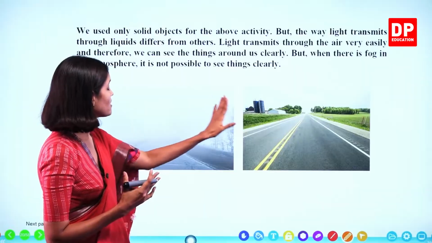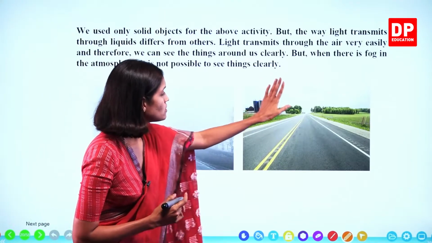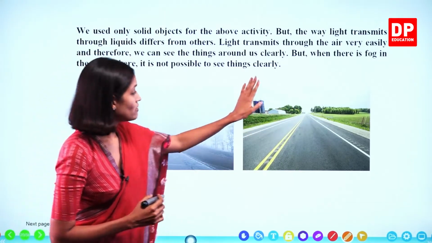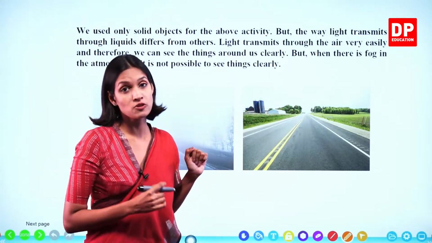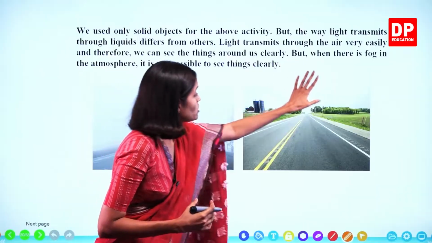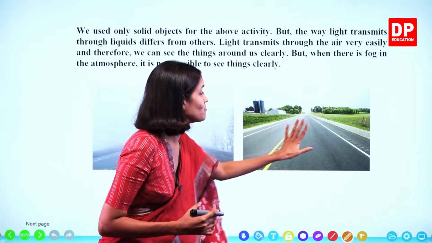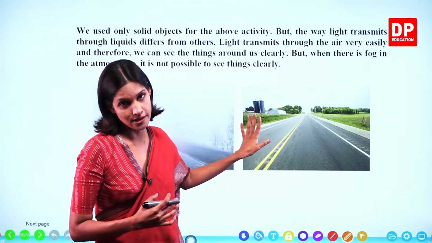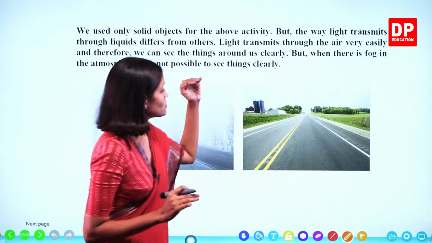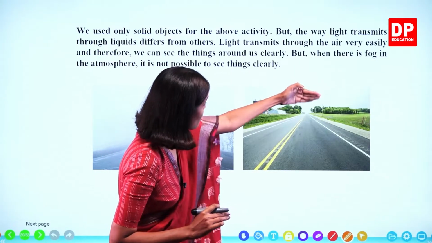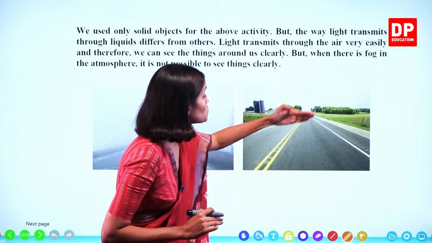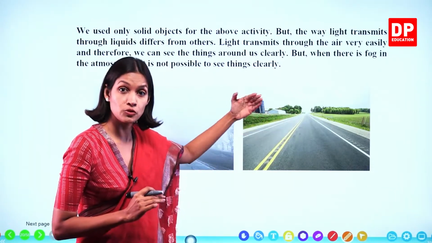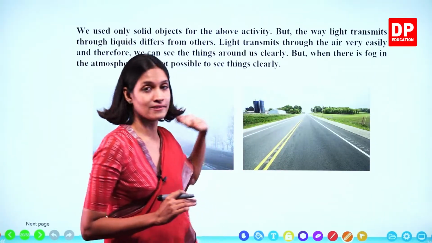Okay, now compare these two pictures again. Look at this picture. Even though we can't see, we know by now, because in the second lesson also we learned about air, this entire environment is filled with air. So we can see the distant part of this picture. That is because we can see through air, because light transmits through air very easily, right?